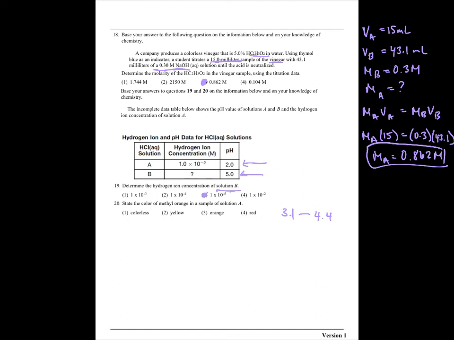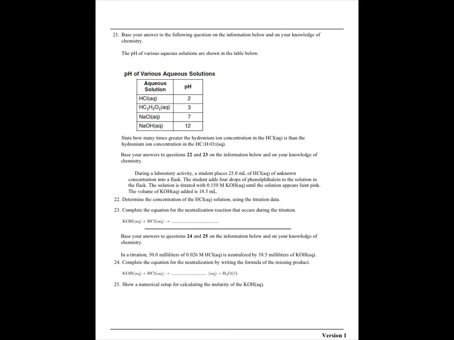And here it's going to be red to yellow. It's strange that it's called methyl orange, but no orange color is involved. It goes from red to yellow straight on. Anyway, since it's below it, it's got to be red color. And we finally reached the last page, with all the free response questions.